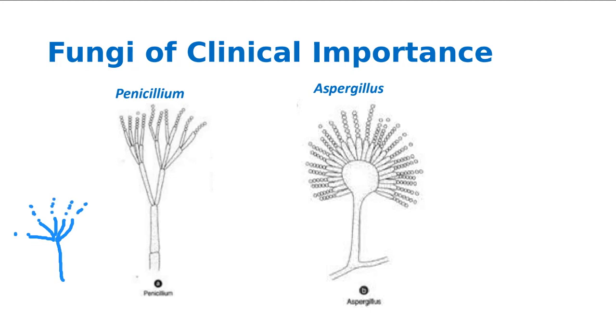If I was drawing Aspergillus: mycelia, vesicle, phialides off of the vesicle. Remember, higher fungi, the spores are on the outside of the vesicle. And then you have your spores. Okay, questions?